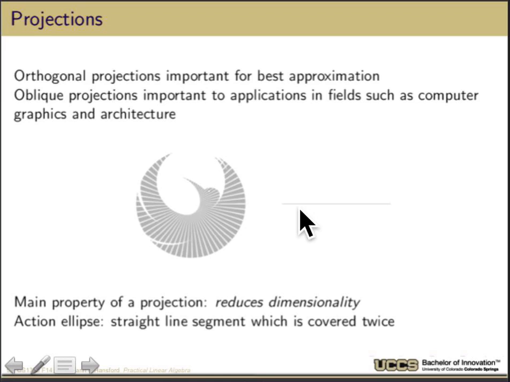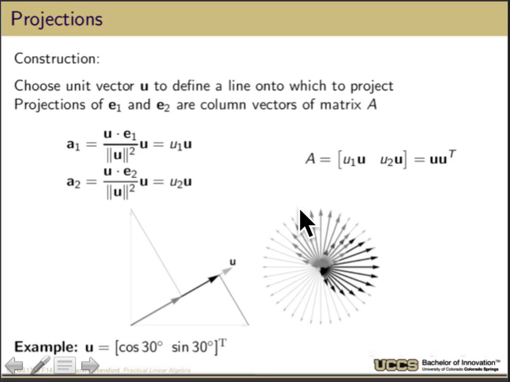So how do we build a projection? Well, we want to choose some unit vector, and we want to project onto that. So if I have U and I want to project onto this, I'm going to define the first column of my matrix A to be U dot E1 divided by the magnitude of U squared, times U. That's what I'm going to define as A1.